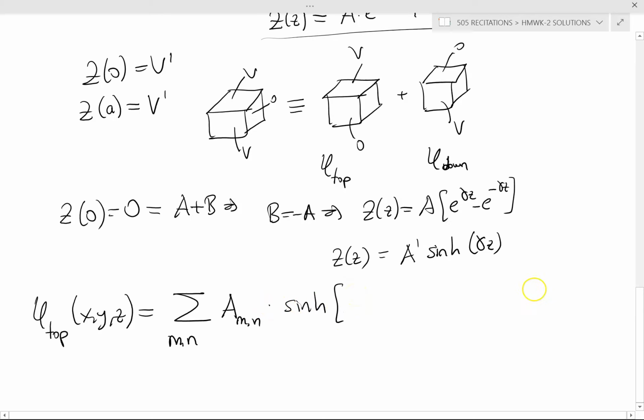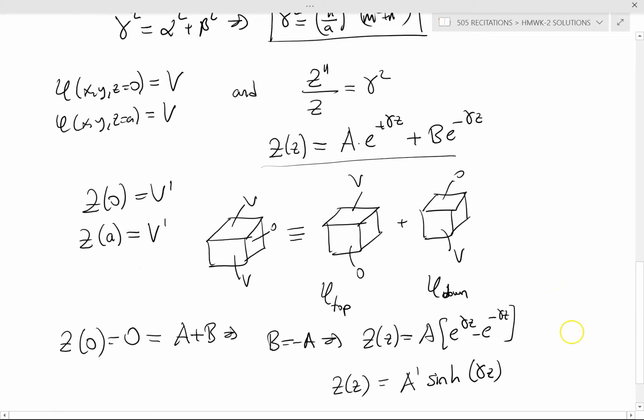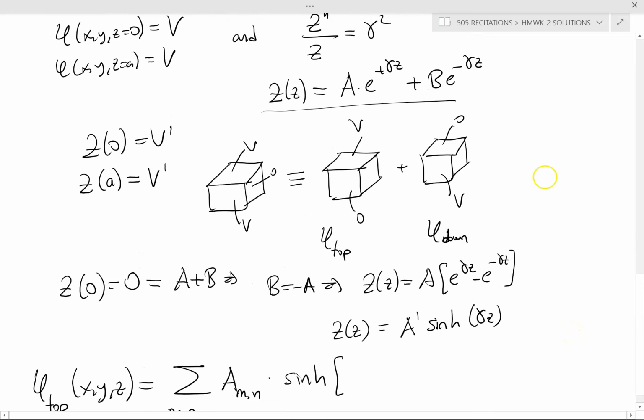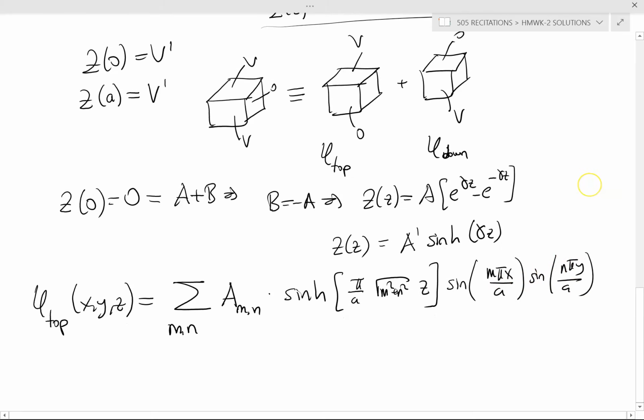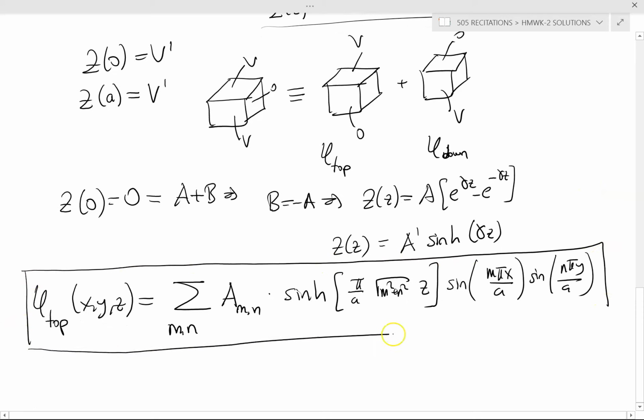Let me rewrite gamma in terms of m and n, which is this one, pi over a square root of m squared plus n squared, z multiplied by sin(m pi x over a) sin(n pi y over a). This is the general form of the solution for psi top.